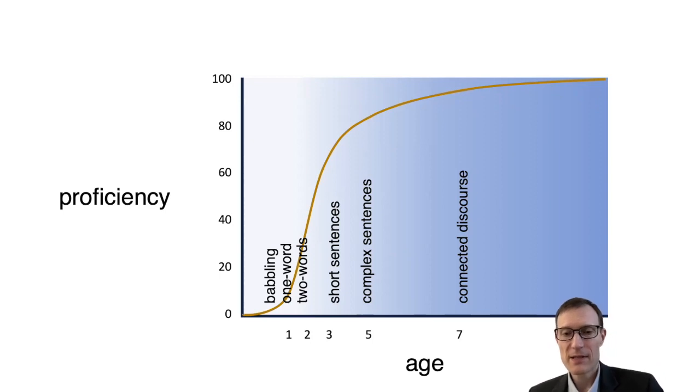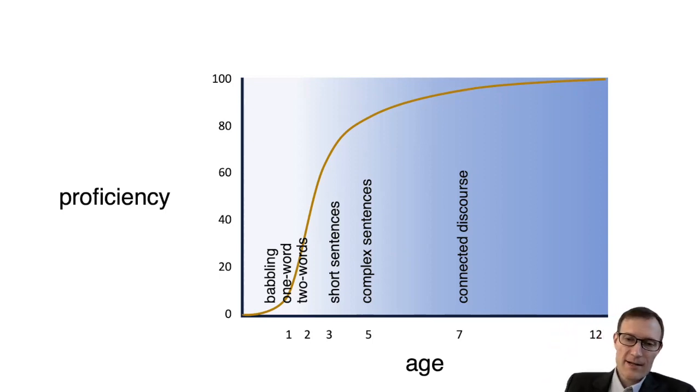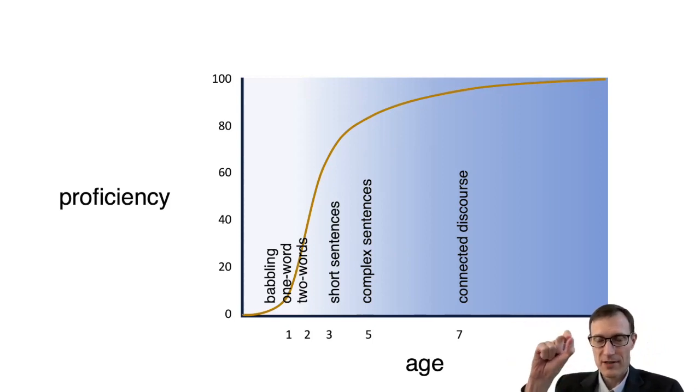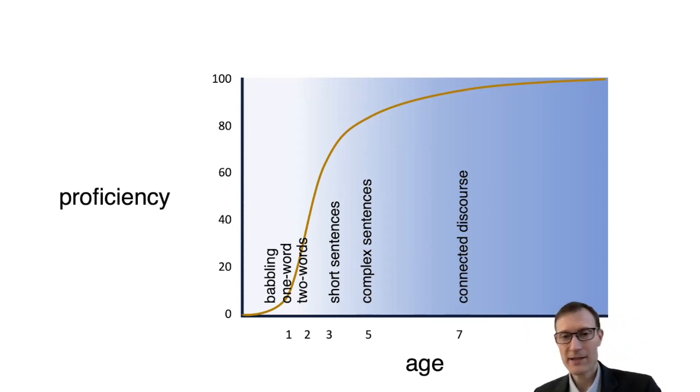And then as they get to be 7 and up to 12, this begins to improve more and more, but you can see that it really tapers off. We have a huge amount of growth, and then it begins to slow down because it gets closer and closer, and there is just very fine tuning that needs to happen.